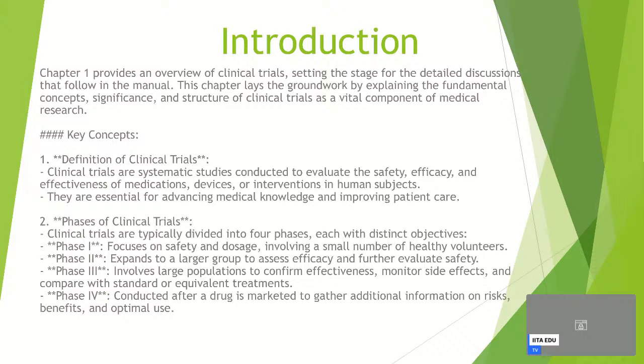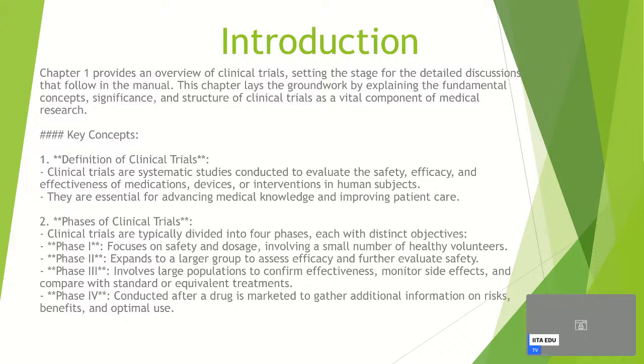Phase 2 expands to a larger group to assess efficacy and further evaluate safety. And phase 3 involves large populations to confirm effectiveness, monitor side effects, and compare with standard or equivalent treatments. Whether it is inferior, whether it is equivalent, or whether it is superior.